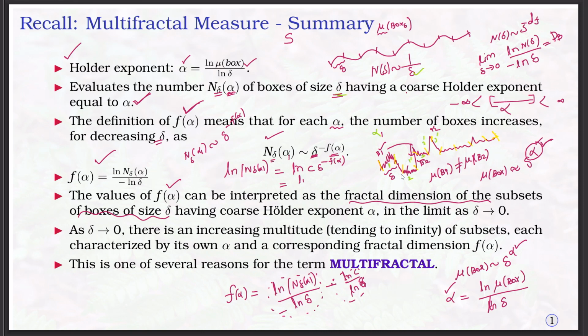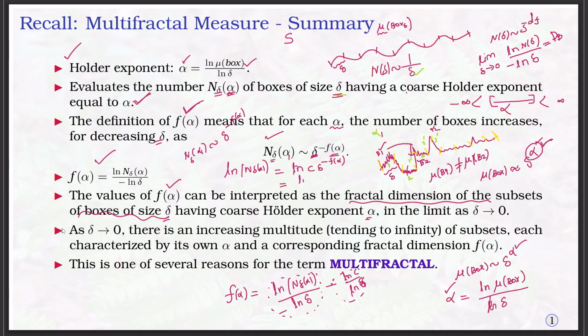That means if we fix delta, we can cover this object by a collection of sets. Among all the sets, there is a particular subset of the collection having the fractal dimension f of alpha. So f of alpha is interpreted as the fractal dimension of the subset of boxes of size delta having the Holder exponent alpha, in the limit as delta tends to 0, because we get finer and finer approximations.